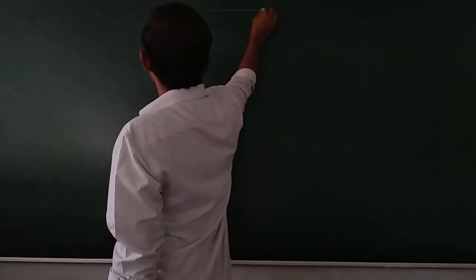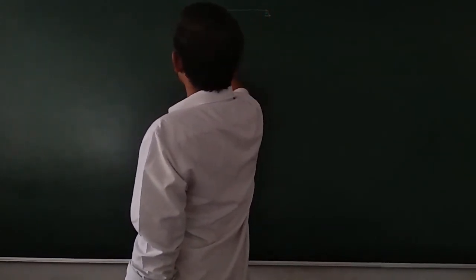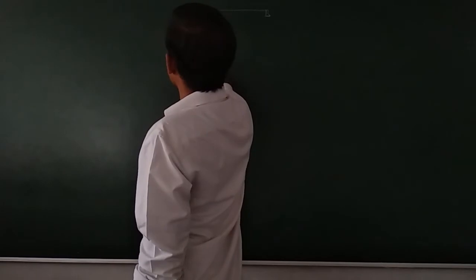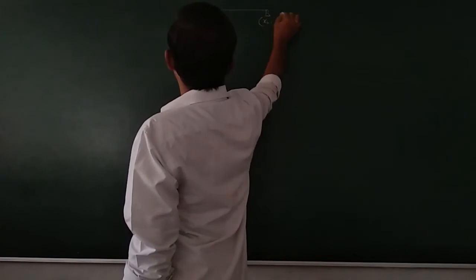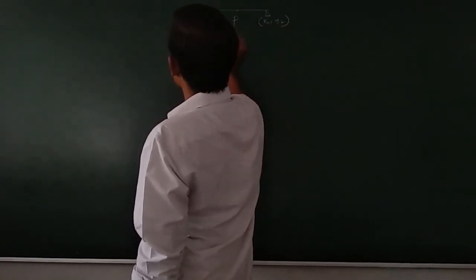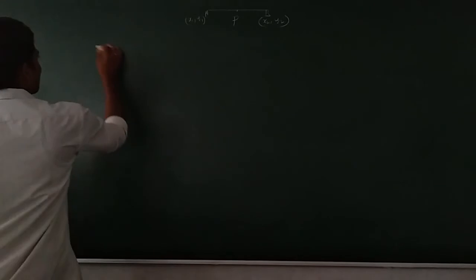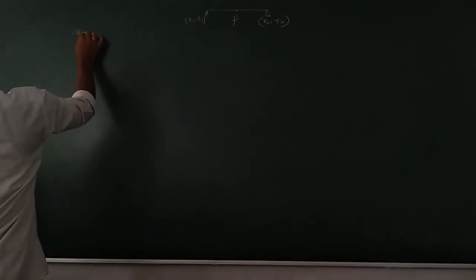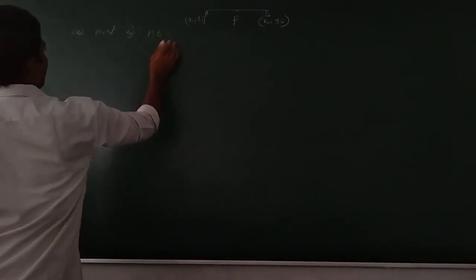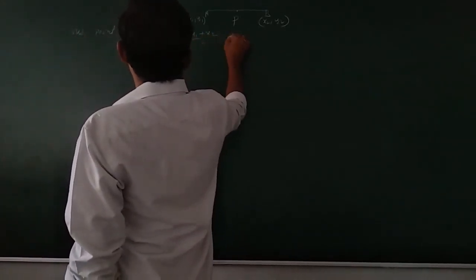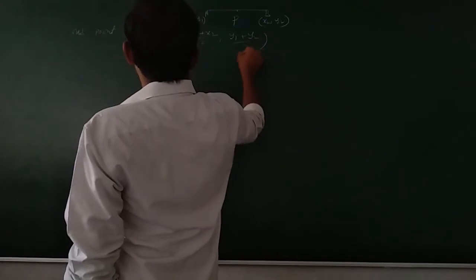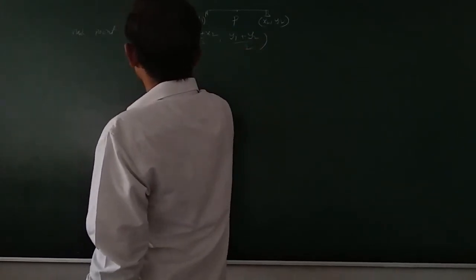Suppose A is equal to (x1, y1) and B is equal to (x2, y2). Then the midpoint of AB, suppose P, is equal to x1 plus x2 by 2 comma y1 plus y2 by 2. That's it.